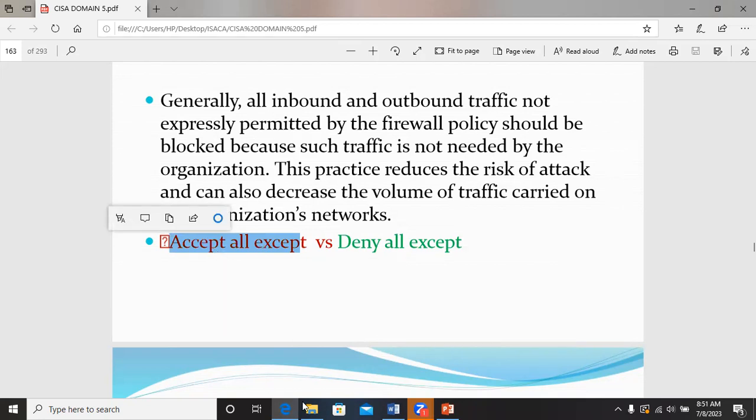Please, if it's not clear, let me know. This is very fundamental to information security, very fundamental to firewall administration. So it's what we accept that we enable.